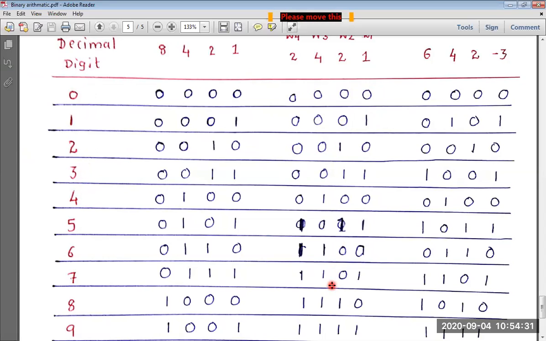For the 8th apple the count is 1110 in that system. In our understanding it is 8, so you must relate 1110 in that system with 8 in the decimal system.